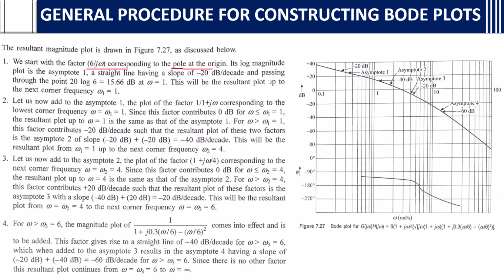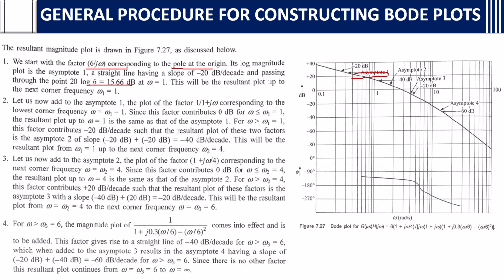Its log magnitude plot is asymptote 1, a straight line having a slope of minus 20 dB and passing through the point 20 log 6, that is 15.56, at omega equals 1. This will be the resultant plot up to the next corner frequency, omega 1 equals 1.